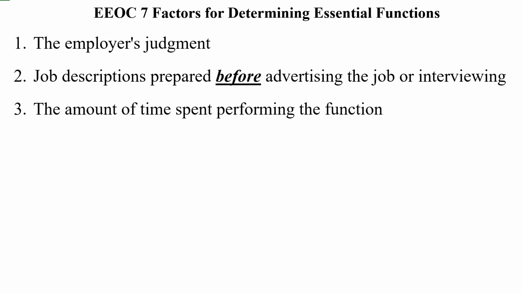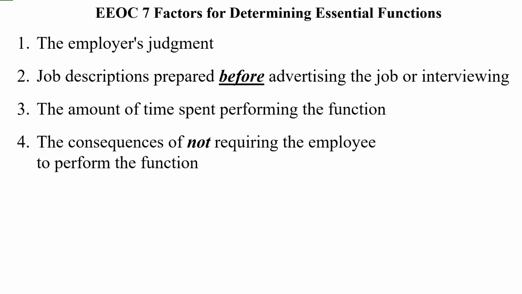The amount of time somebody spends performing the function. Now again, that's not dispositive. There could be things that you don't spend that much time doing, and they're really critical to the job, but it does make a harder argument. But the amount of time that you spend is an important consideration. The consequences of not requiring the employee to perform the function.